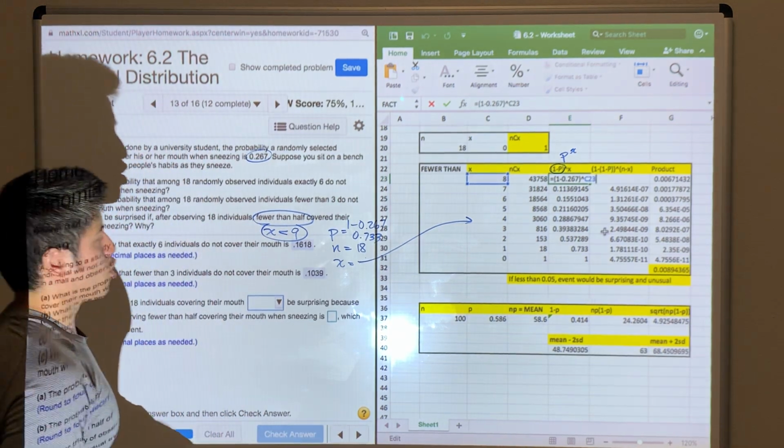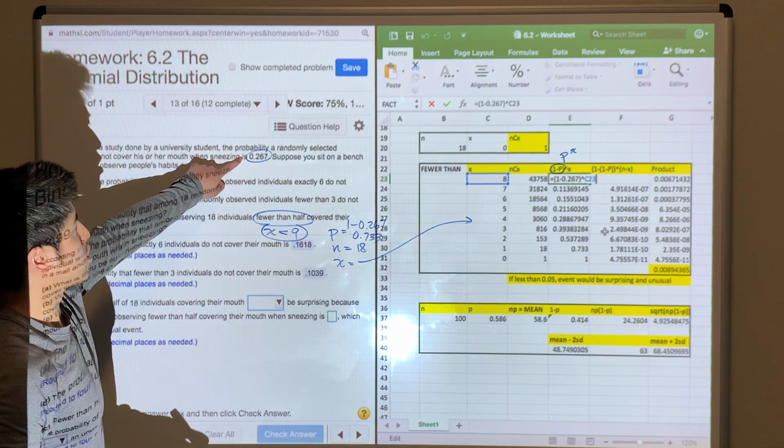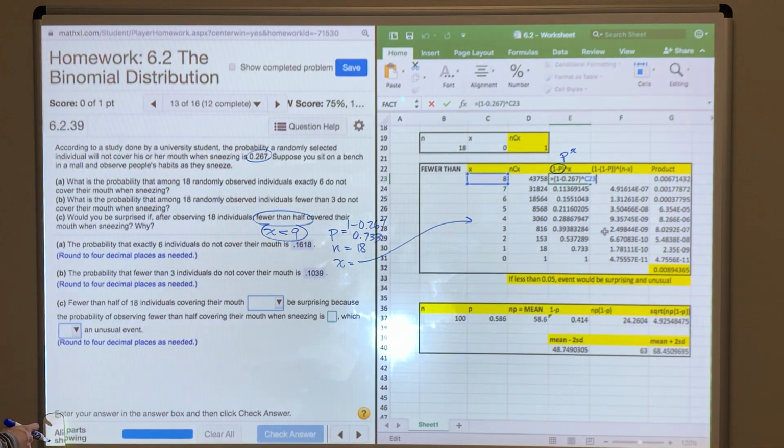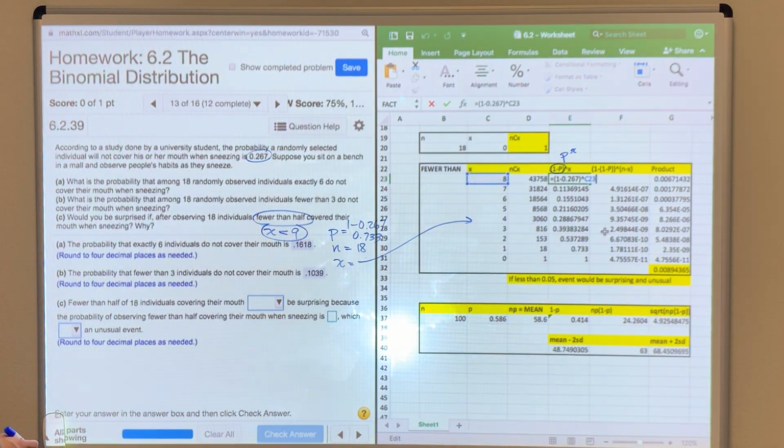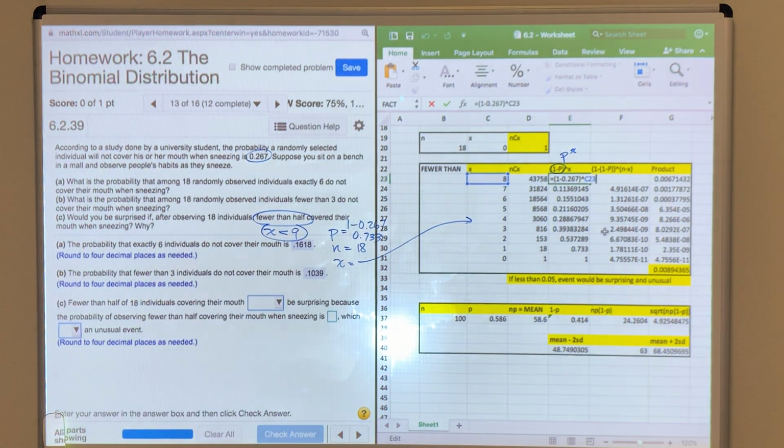So you need to put that value into there instead of the 0.267. And that comes back to stuff we talked about before. 1 minus the probability is the other side of it for fewer than half, but the surprising stuff.